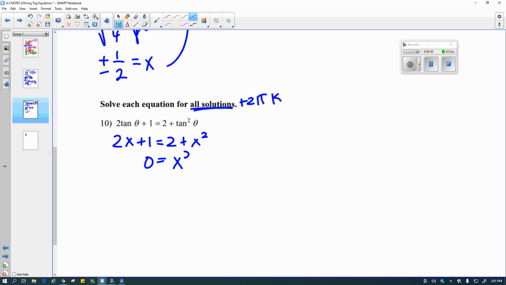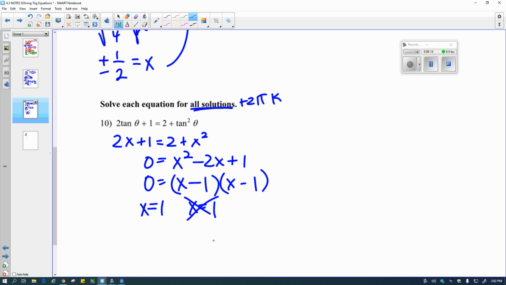So that's x squared minus 2x plus 1. And then I'll go ahead and factor. Do the snowflake method, whatever you need to do. I feel like I've seen this one or a similar one to this before. I'm figuring out what two numbers multiply to be positive 1 and add to be negative 2. It's negative 1 and negative 1. So x is 1 and x is 1. I don't have to write both of those.